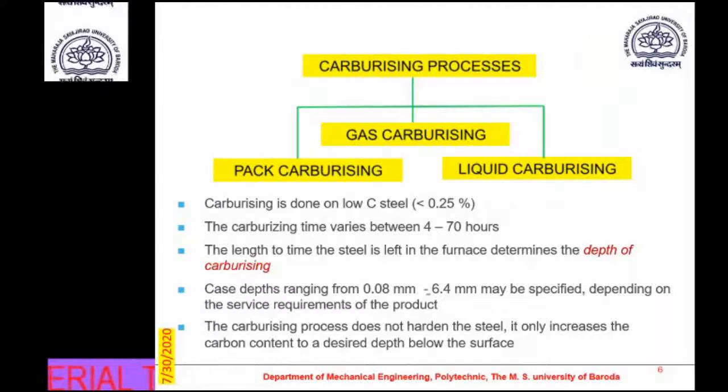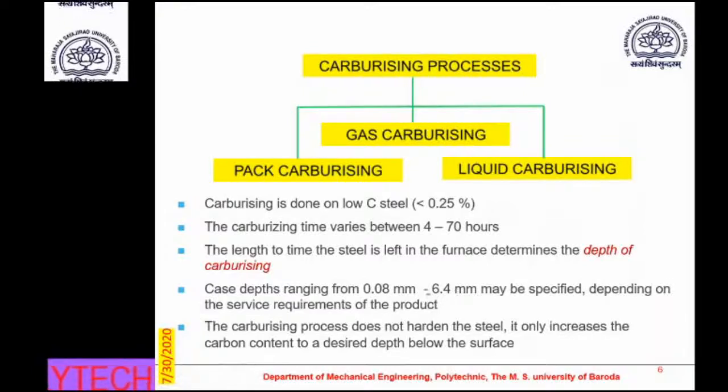It takes a lot of time. The length of time the steel is left in the furnace determines the depth of the carburizing. That is, your holding time at the upper critical temperature controls the depth of the hardness. Case depth ranges from 0.08 mm, that is 80 micron, to 6000 micron, that is 6.4 mm.